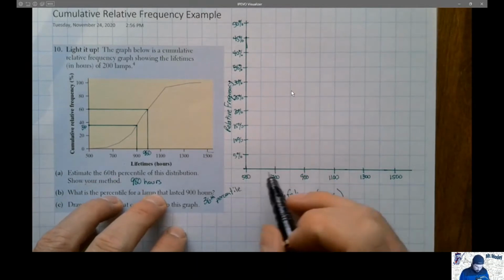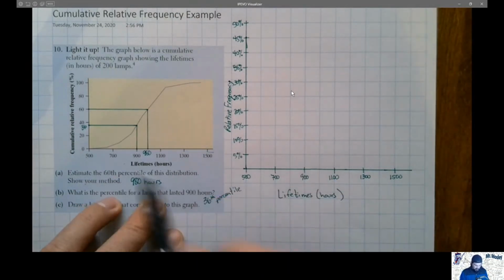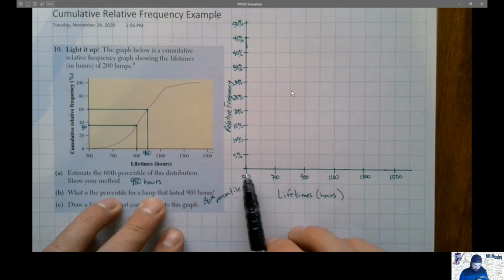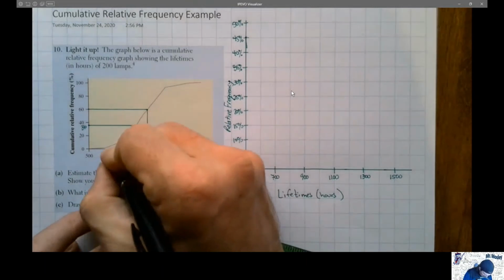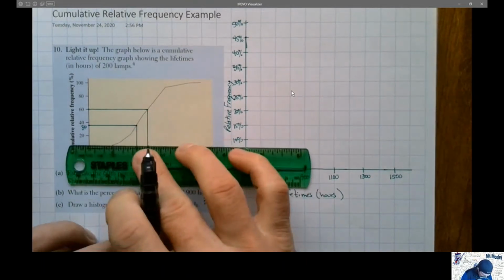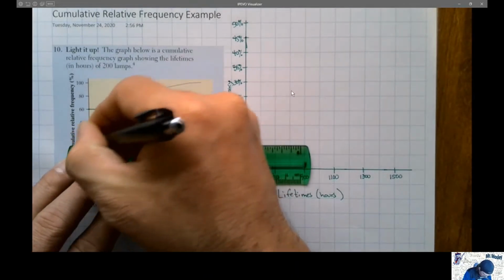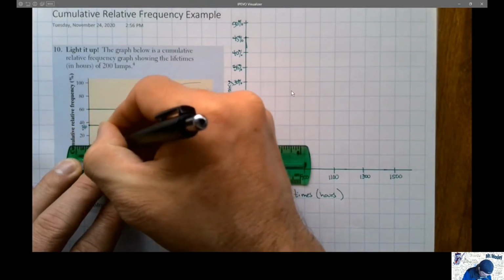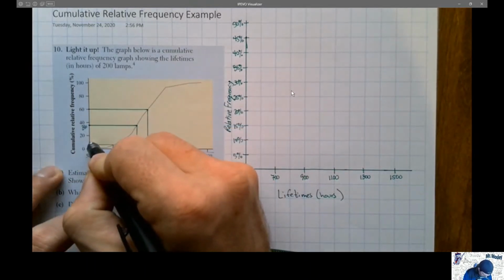We're starting out: what percentage of my distribution, based on this cumulative relative frequency, falls between 500 and 700? All right, so if I look over here, we hit 700 here, draw over. Halfway up here would be 10%.